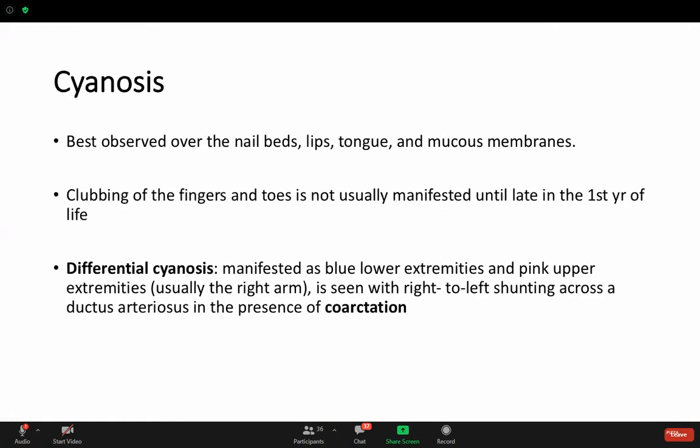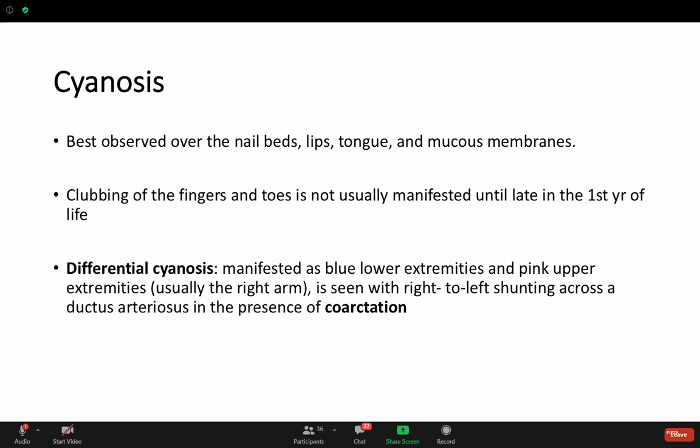السيانوسز best observed clinically بالnail beds أو اللبز والتنك والميوكس membranes. يا إما إنك تشوفه بالnail beds، والأفضل إنك تشوفه في اللبس والتنك جوا، ما تشوفه برا around the mouth. ليش؟ بنجيبها شوي.